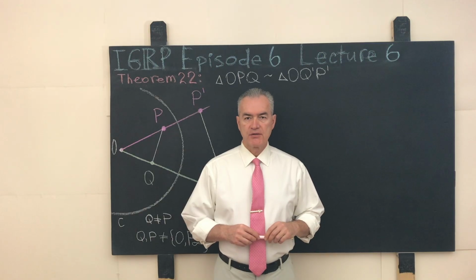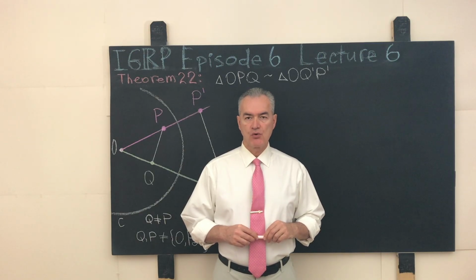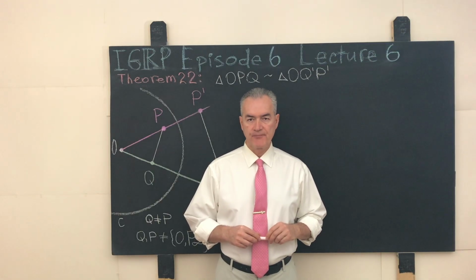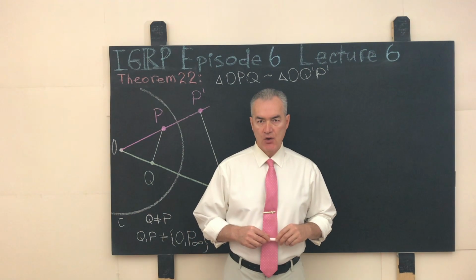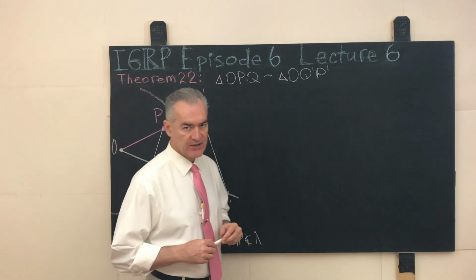In theorem number 22, the so-called fundamental theorem of inversive geometry, a theorem to which we will be referring as ICSTT, for inversion of the real plane with respect to a circle similar triangles theorem, we're given the following setup.